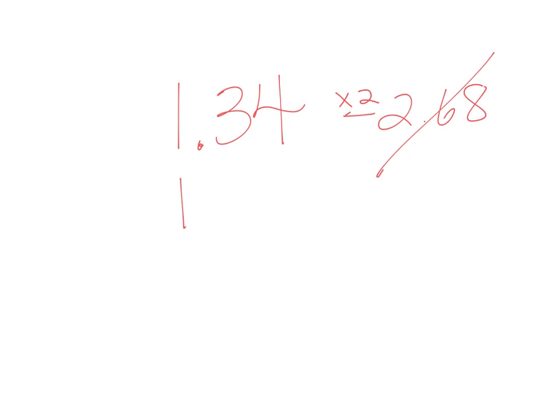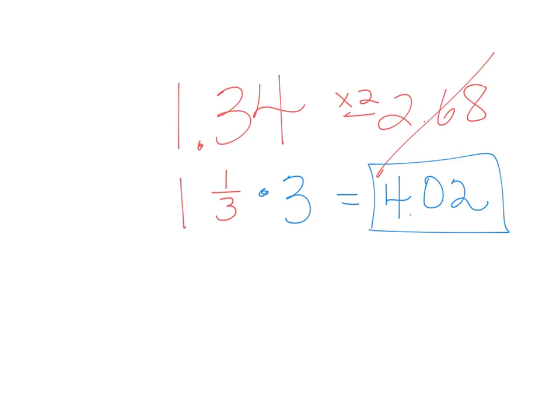Another way to look at this is 1.34 is really close to 1 and 1/3. So if we did the reciprocal trick, we're going to be multiplying this guy by 3. And when we do that, we end up with 4.02. Now this guy's in the range, and I can round to 4.